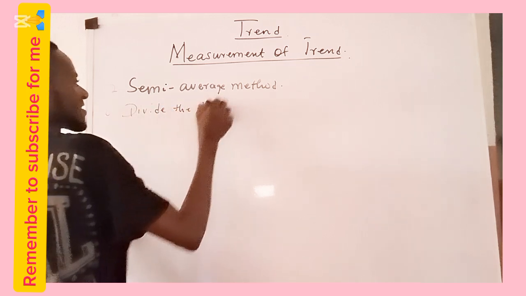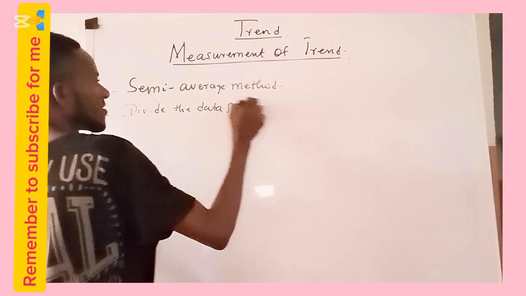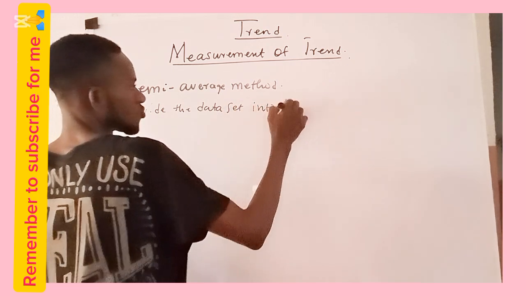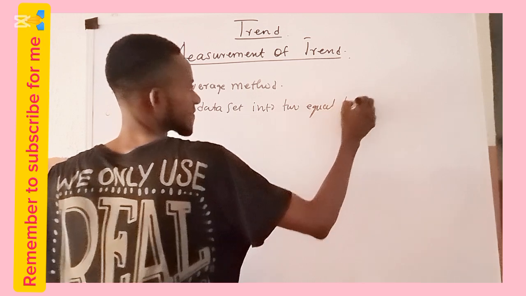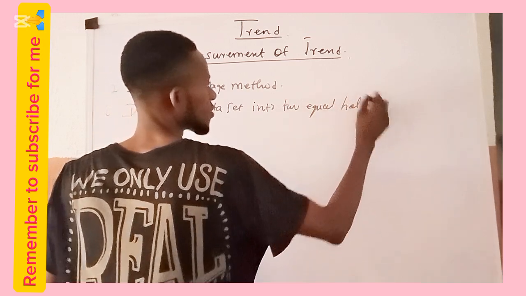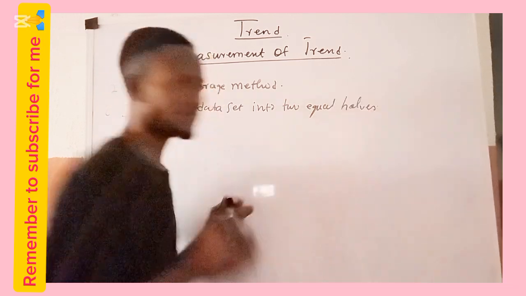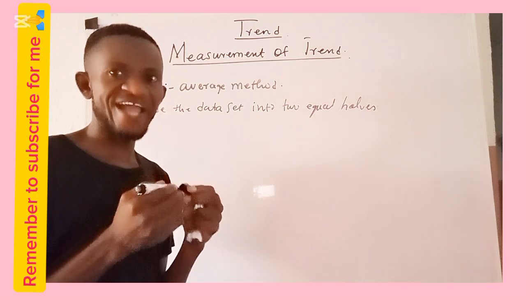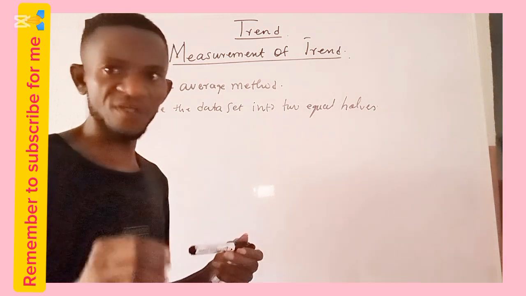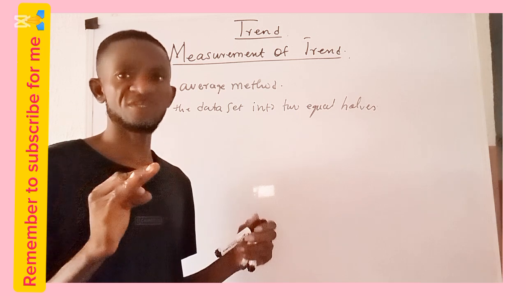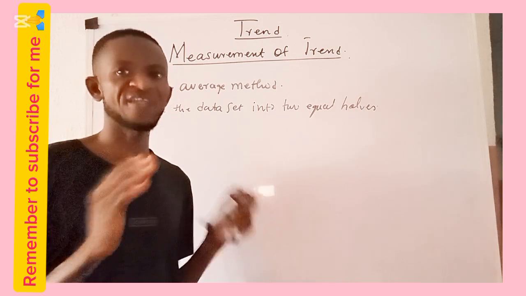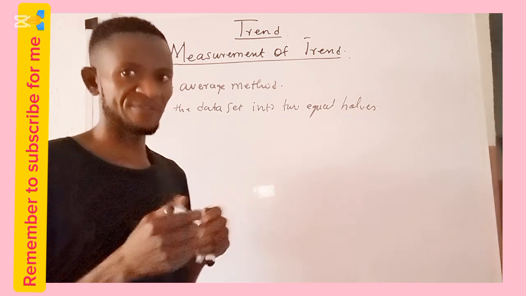Like I earlier said, if our data points become odd, remove the middle observation in order to divide it into 2 equal halves.